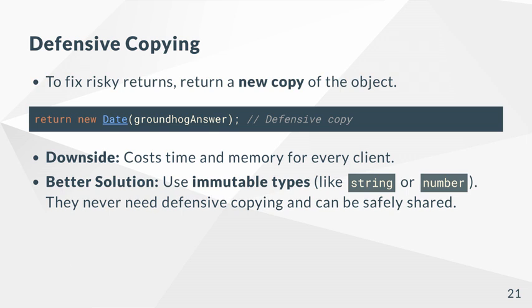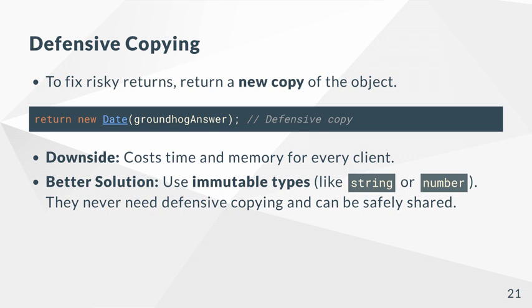To avoid the risks of mutable returns, an implementer can use defensive copying. Instead of returning the original cached object, the function returns new Date(groundhogAnswer), creating a fresh copy for every client.